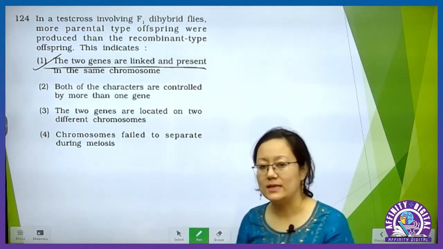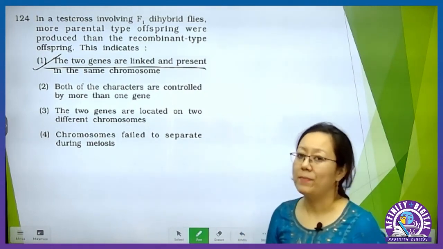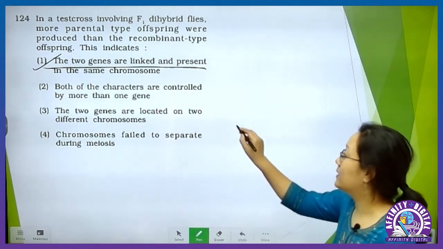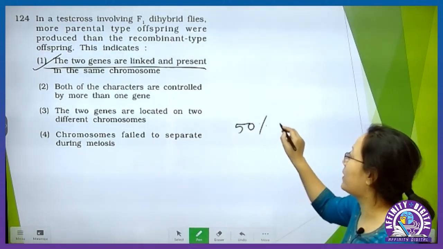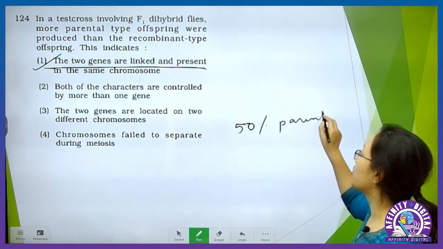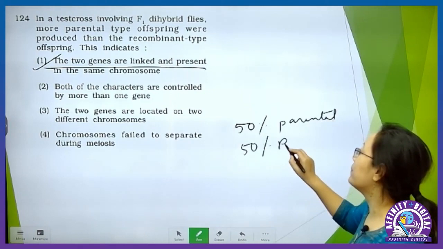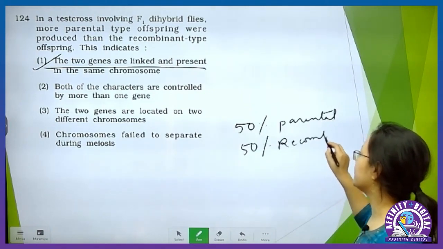When we perform a test cross, if the two genes are unlinked, then it should have 50% parental character offspring and 50% recombinant character offspring.